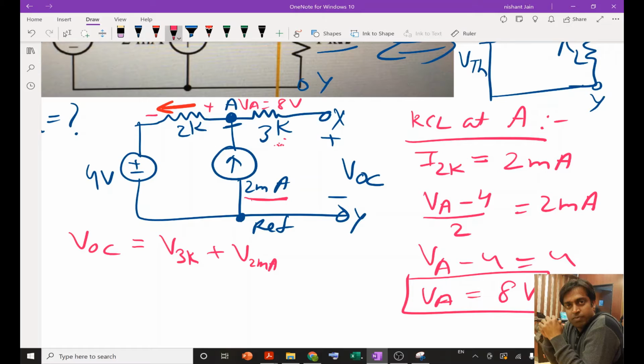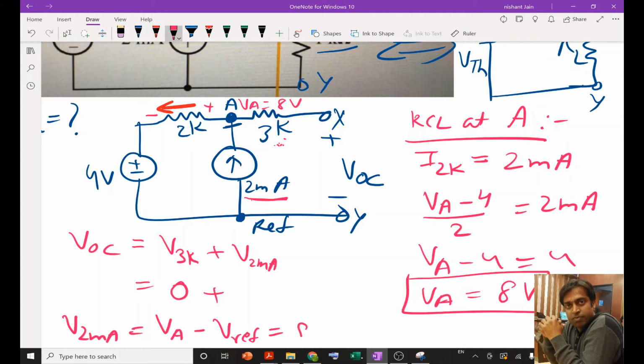Since this 3K ohm resistor is open, there is no current flow through it, so the voltage drop across 3K ohm is 0, plus the potential across the current source, which is VA minus V reference.